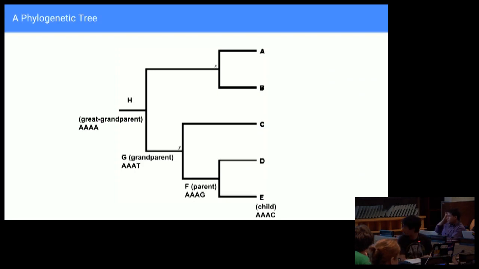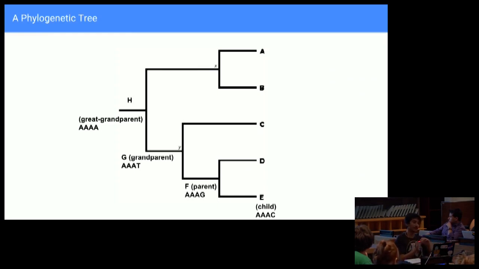Right there on the bottom you have E, which is the child of F. So what I would do is ask, how has the genetic sequence of E changed from F, and how has the genetic sequence of F changed from G?